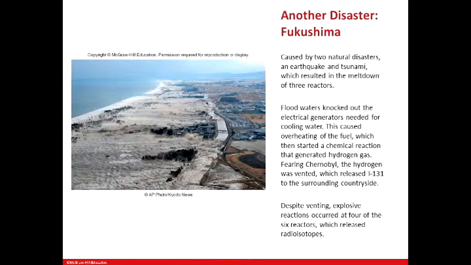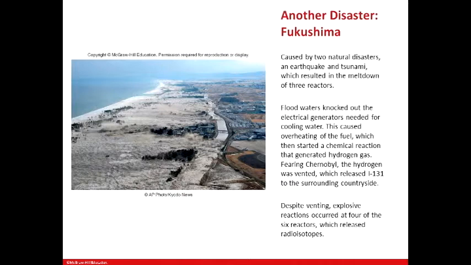Overheating the fuels then started a chemical reaction that generated hydrogen gas. Hydrogen gas was vented to release iodine-131, which we just saw on the previous slide. It is one of those species that came out at Chernobyl, you get it?